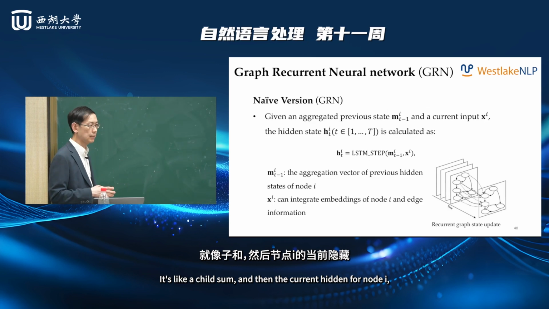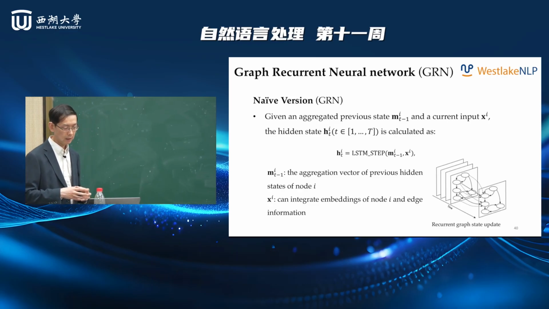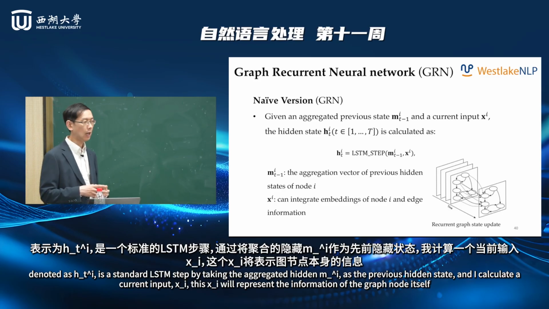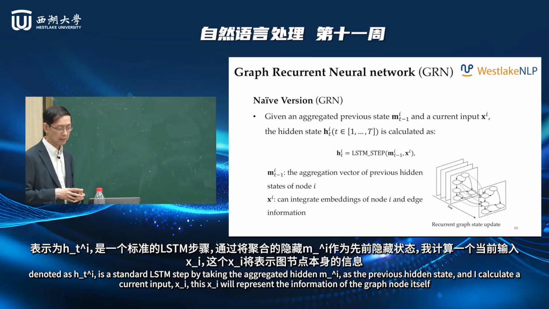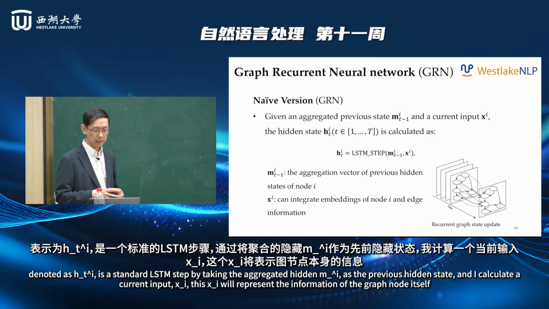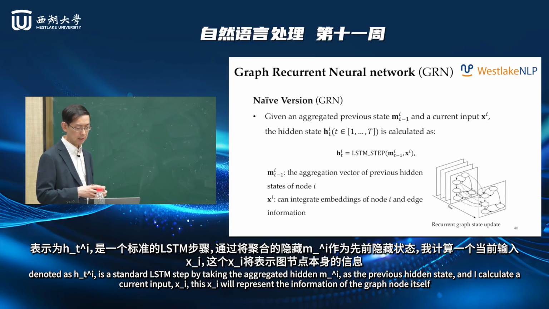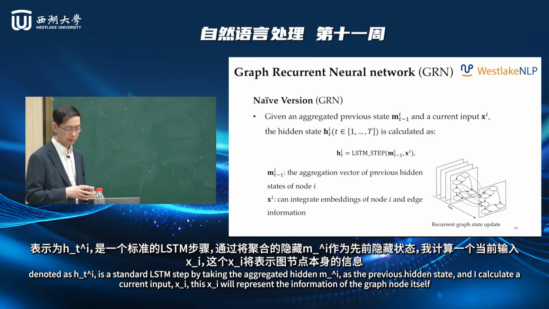And then the current hidden state for node i, denoted h_i^t, node i at time step t, is just a standard LSTM step, taking the aggregated message m_i^{t-1} as the previous hidden state, and calculating with a current input x_i. This x_i will represent the information of the graph node itself.